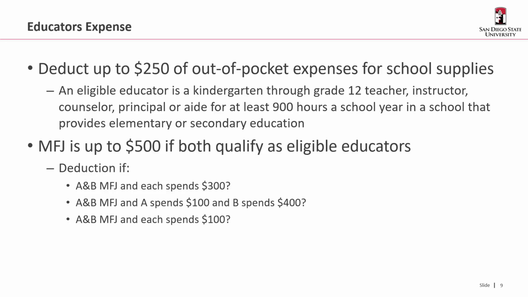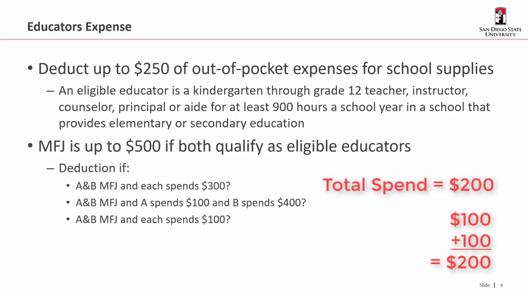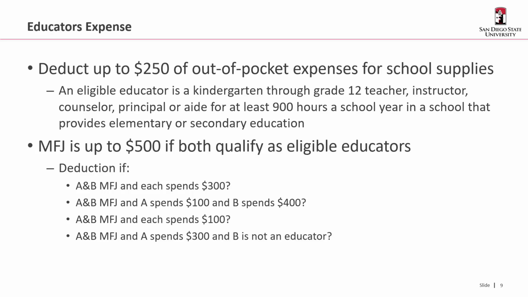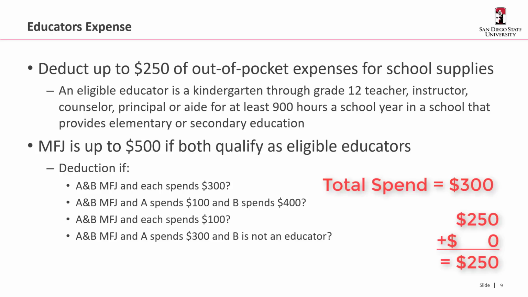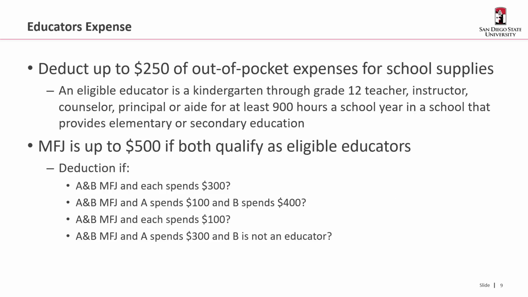So if A and B are married filing jointly and each spends $100, well then, of course, they'd each take $100, so their joint deduction would be $200. And lastly, if A and B are married filing jointly and A spends $300 and B is not an educator, then B's eligible amount is $0 and A's eligible amount is up to $250, and so their joint deduction would only be $250.